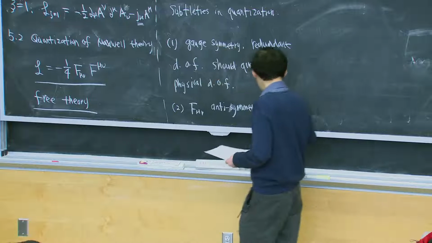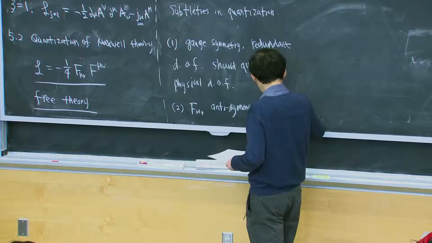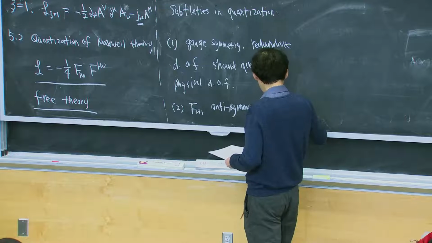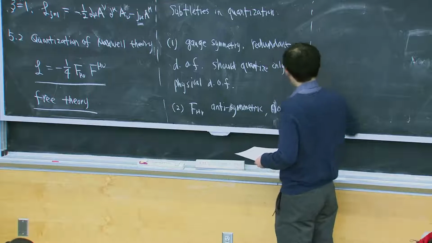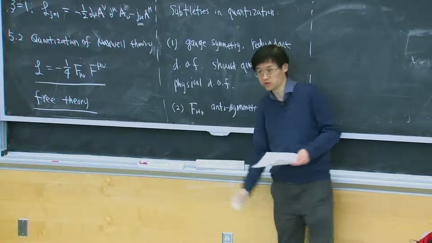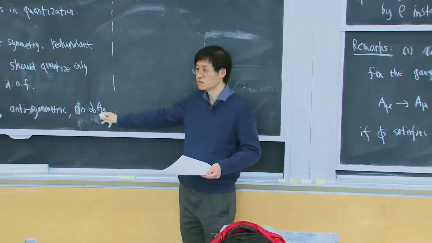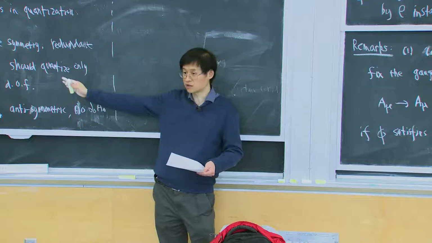It's antisymmetric. So that means there's no ∂_0 A_0 term, okay? Because this is symmetric between the two indices, and these are antisymmetric between two indices, there's no ∂_0 A_0. That means there's no time derivative term for the A_0 component in your action.